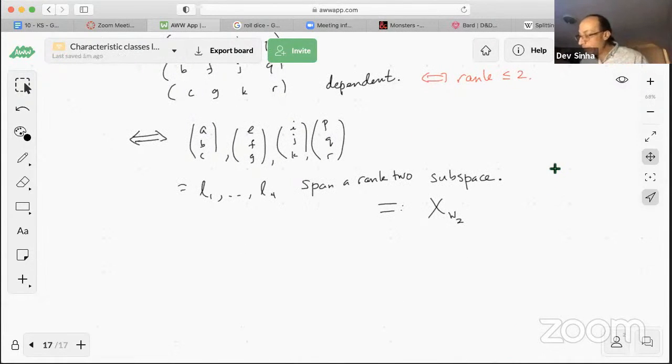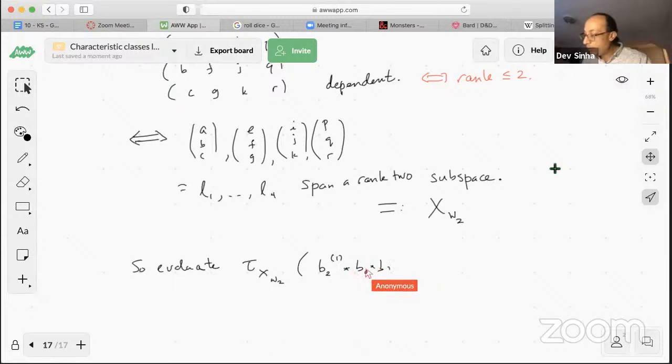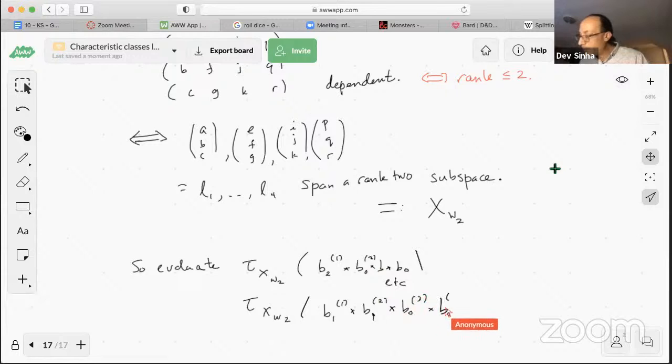But then what we would need to do is evaluate the Thom cochain associated to this condition that L1 through L4 span a rank 2 subspace on the various, for example, B2 sub 1 times B0 cross B0, again because this is in degree 2, and then we have all the permutations there, and we also have B1 sub 1 cross B0, sorry, B1 sub 2, B0, 3, B0, 4.